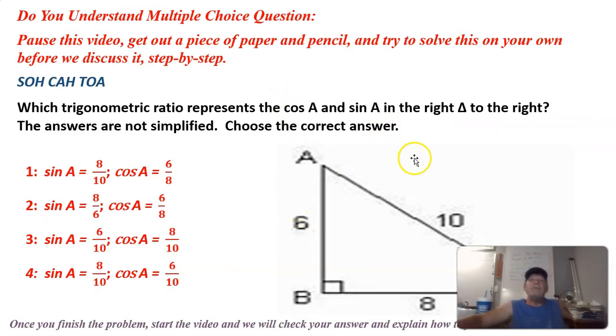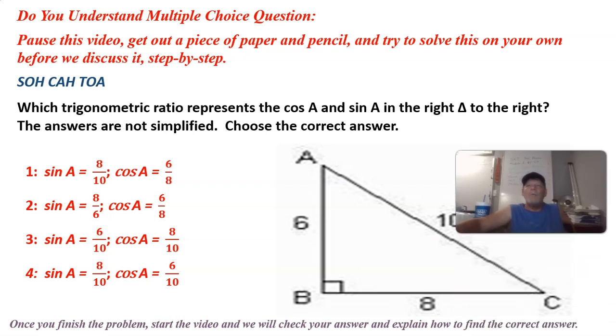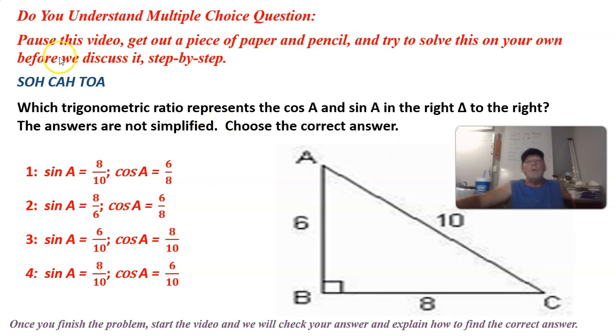All right, now here's a do you understand? So in a do you understand problem, what we want you to do is pause this video, get out a piece of paper and pencil, try to solve this on your own before we discuss it step by step.